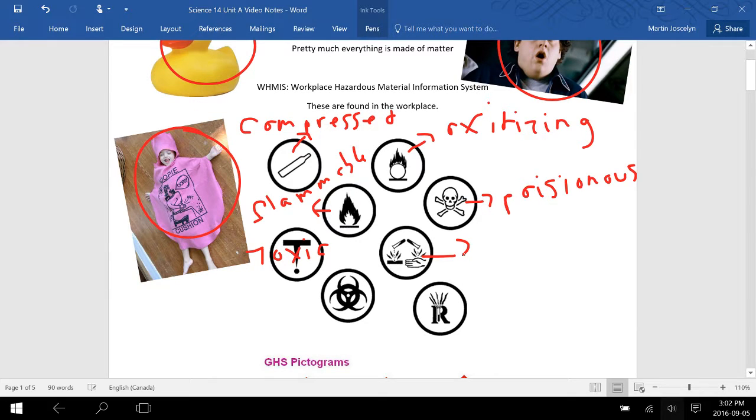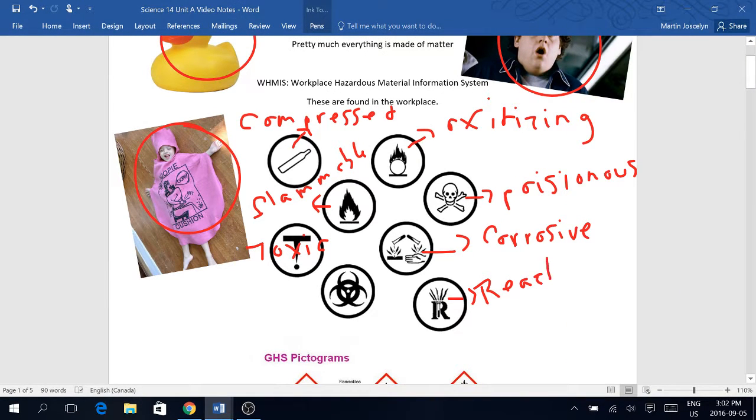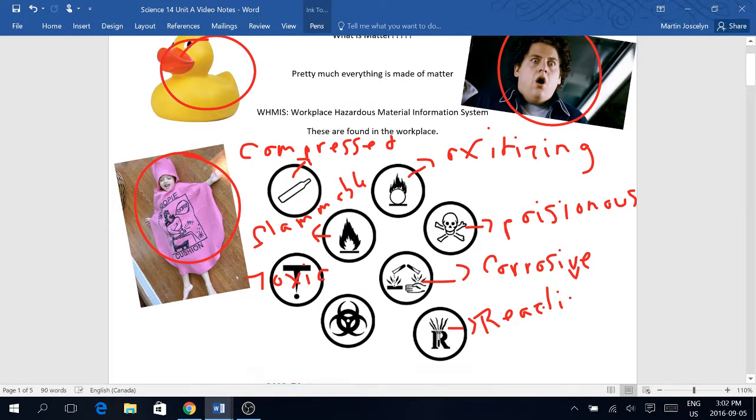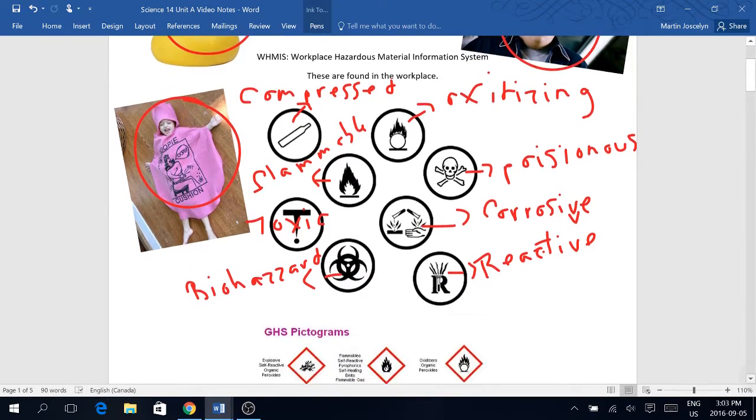We have corrosive. So corrosive means it could literally melt your skin off. We have reactive. And we have biohazard. So those are our WHMIS symbols.